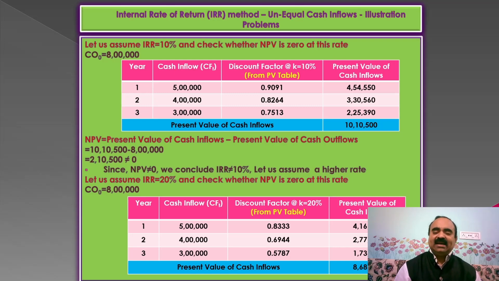The difference is that in this table, in the third column, I have taken discount factor values of K is equal to 20% from the PV table. I multiplied the values in the second column with the values in the third column to get present value of cash inflows. By adding fourth column values, I got present value of cash inflows of 8,68,020.